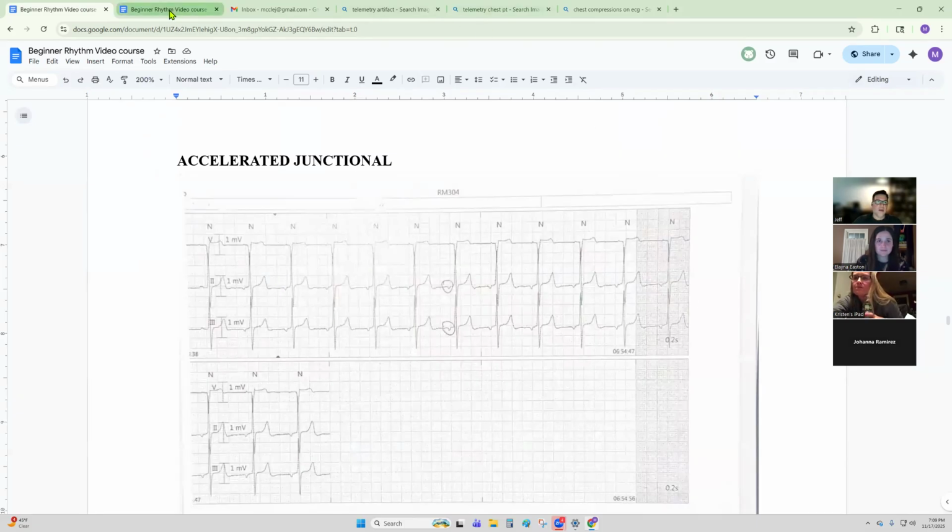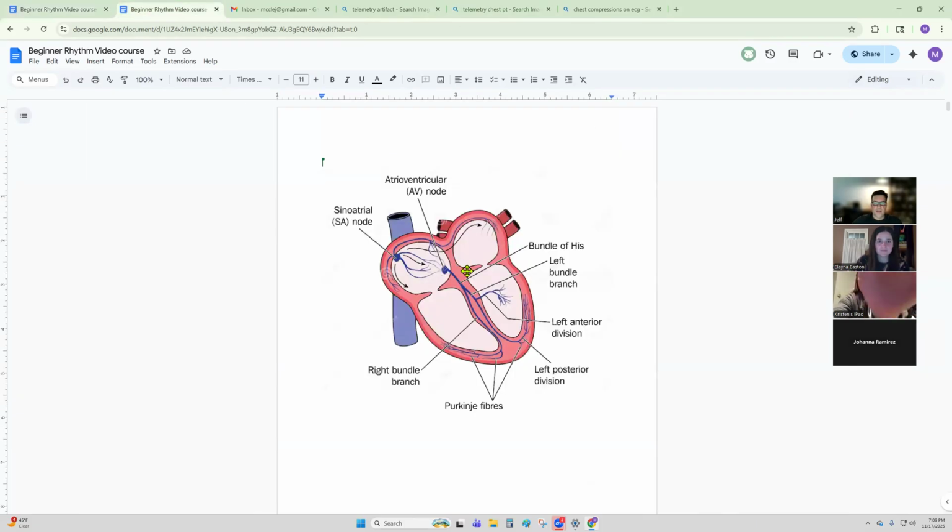So, because the atrial impulse is originating from the junctional area lower in the AV node, and that wave of contraction goes out, it has to go back up to tell the atrial chamber what to do, as it also travels downward to tell the ventricle what to do. When it goes back up to tell the atrial chamber what to do, that creates the negative P wave in a junctional. To be junctional, the PR interval has to be less than 0.12.